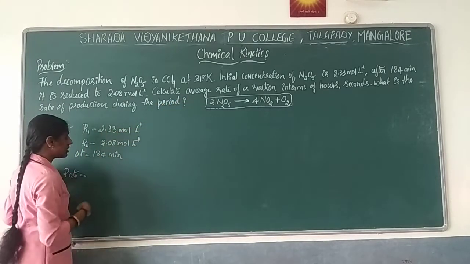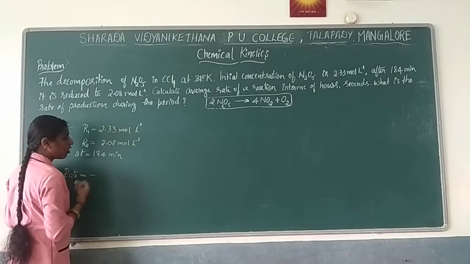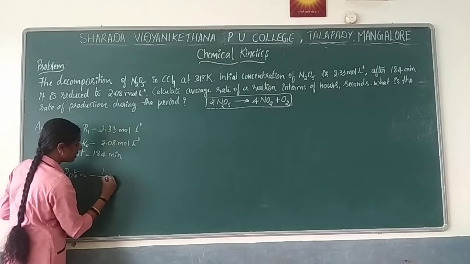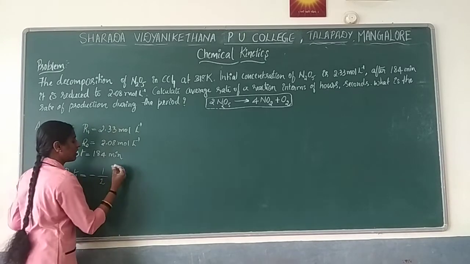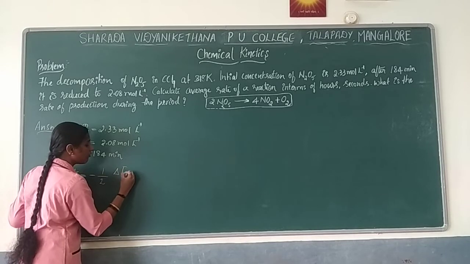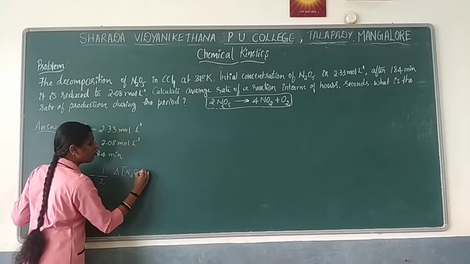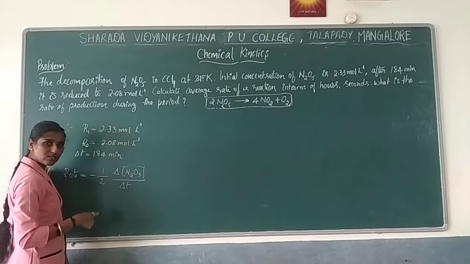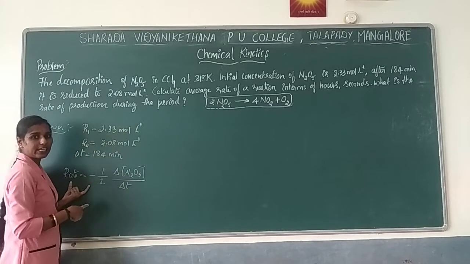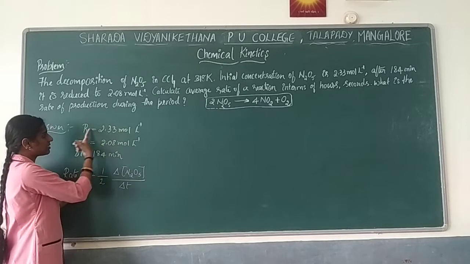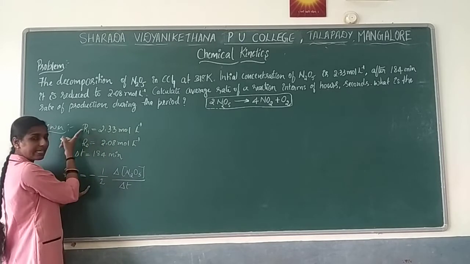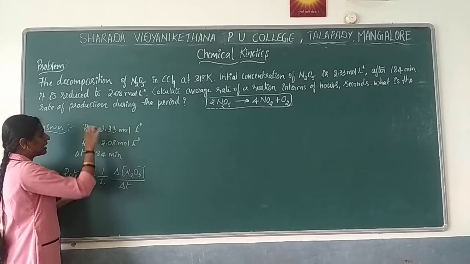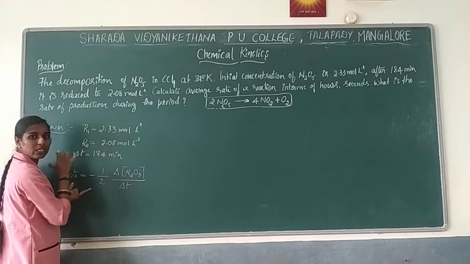So I will write for the reactant, so it comes as minus of, okay, reactant in the sense minus will come, minus stoichiometric coefficient is 2, the delta of concentration of N2O5 divided by delta T. Okay, so this is the rate for reactant. We are writing for reactant because the term whatever we have got is only for the reactant. You can write the rate of reaction for the whole reaction also, no problem. But the R1 they have given is only for the reactant.